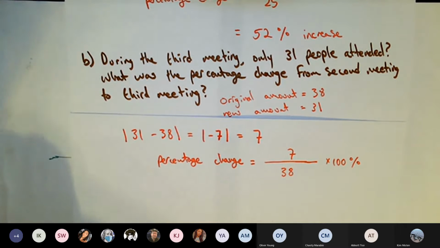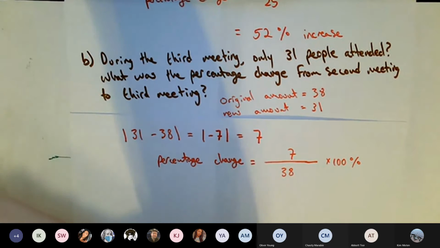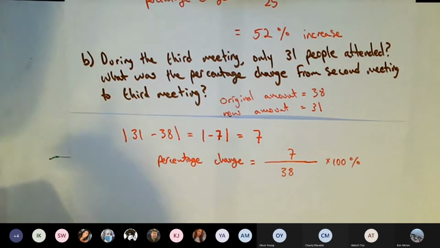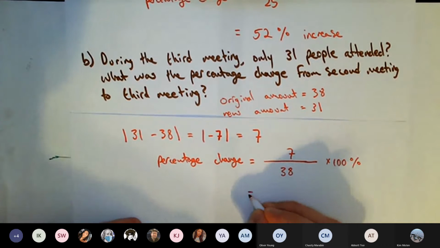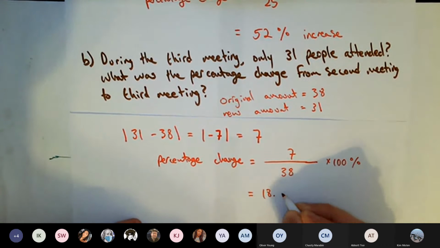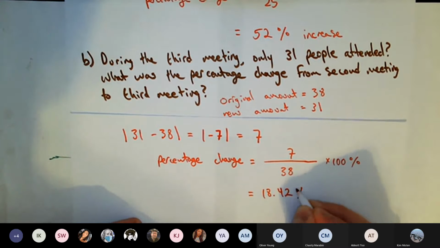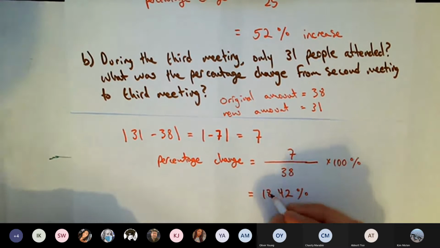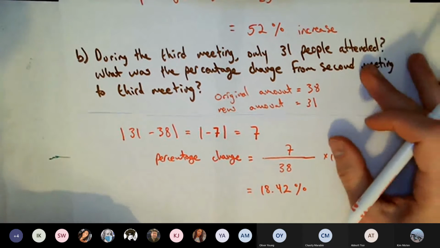So I'm getting 0.18421, et cetera, et cetera. I'm going to multiply it by 100, and I'm going to round to the 100th place on my percent. So I'll say 18.42, just 42, rounding down there.